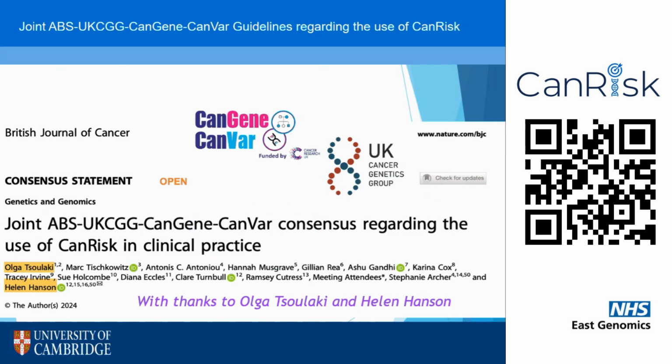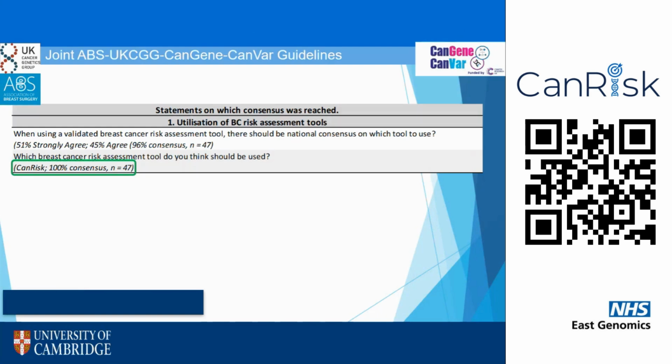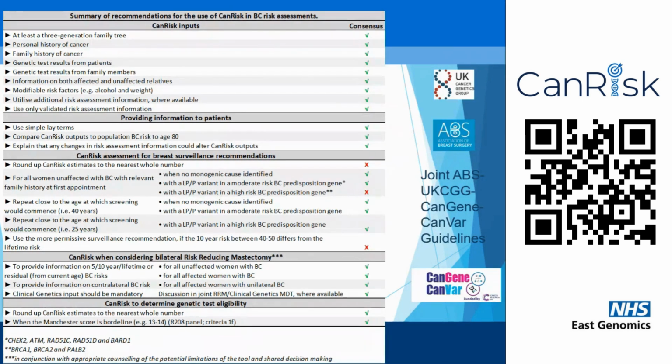There was a national statement about the use of CanRisk, and it talked about what minimum criteria people wanted to put in order to use the figures from a CanRisk assessment. This is one of the first statements that said everyone agreed that CanRisk should be the tool of choice in making these assessments, and people agreed that there should be at least a 3-generation family tree.